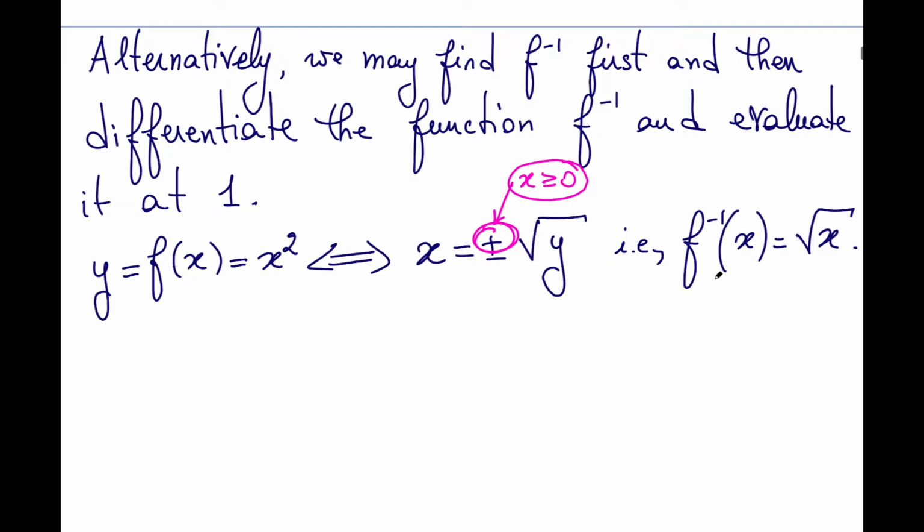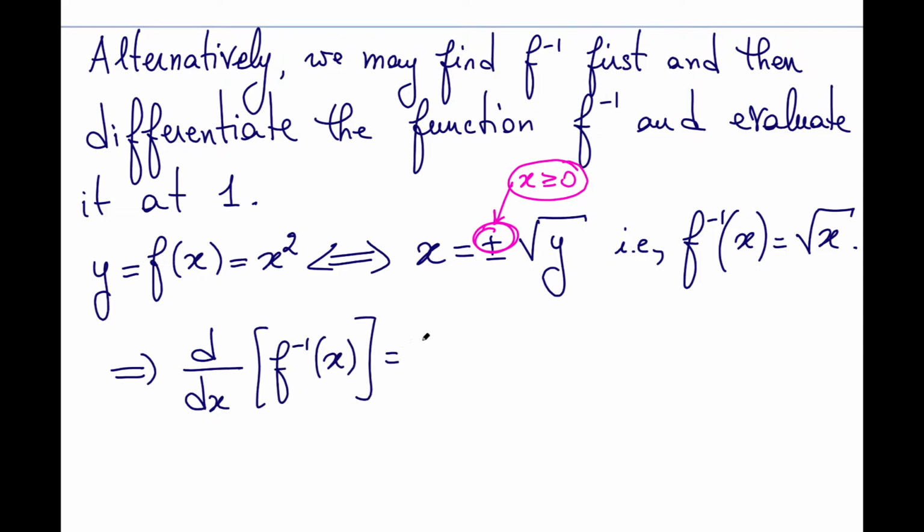And now I can differentiate that function. What's the derivative of this function, which is square root of x? It's 1 over twice square root of x, right? Just use the power rule for this, x to the power half.